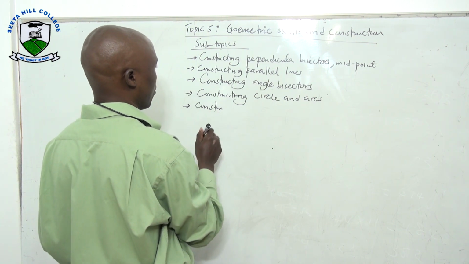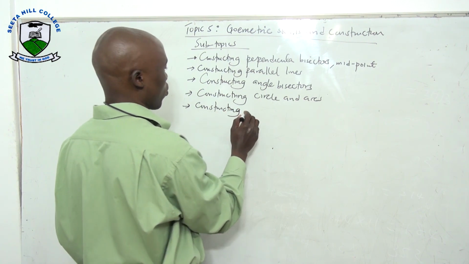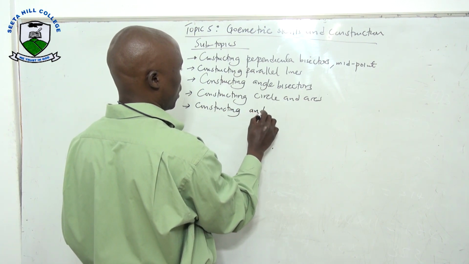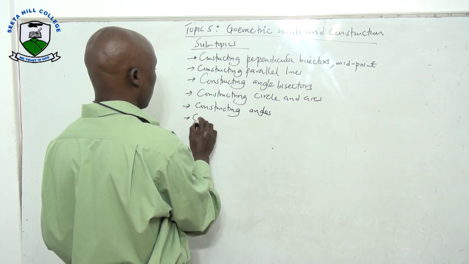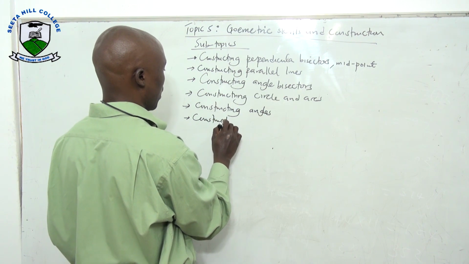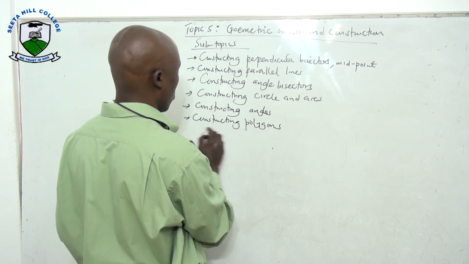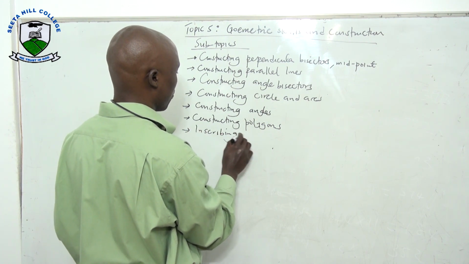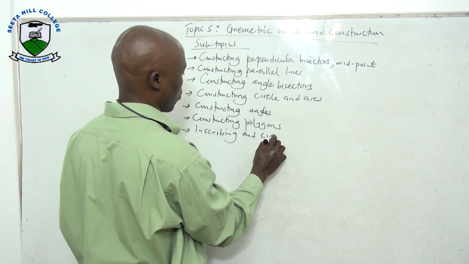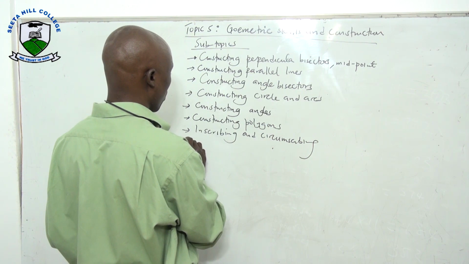See that? Constructing angles, those are very many. Then constructing polygons, inscribing and circumscribing. Those are all skills.